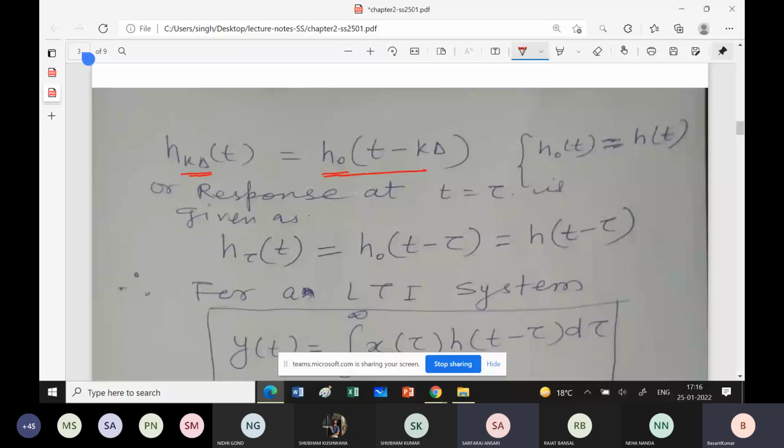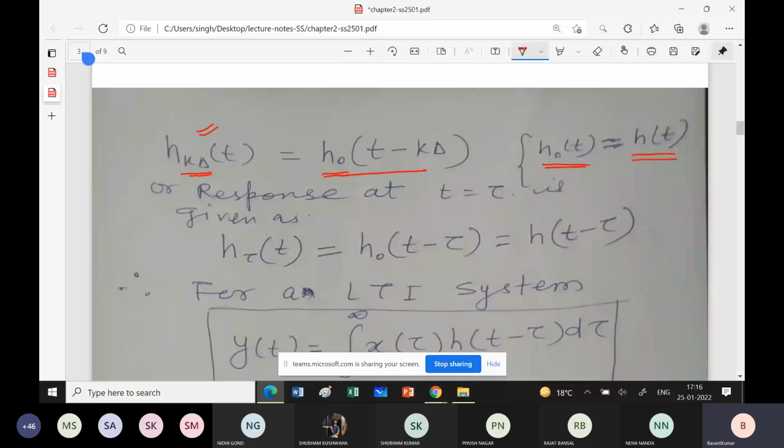And h(0) means the response that you get at t equal to 0 is generally represented by h(t). So you are getting some response at t equal to 0, and the same response you will be getting at any time instant. Only you will be getting a shifted version. But the attributes of the response will be the same.